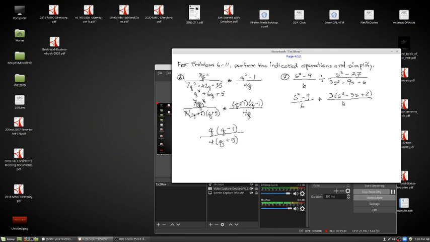And then we'll have that s cubed minus 27 goes to the denominator. Okay, now let's do some more factoring here. S squared minus 9 becomes s plus 3 times s minus 3.